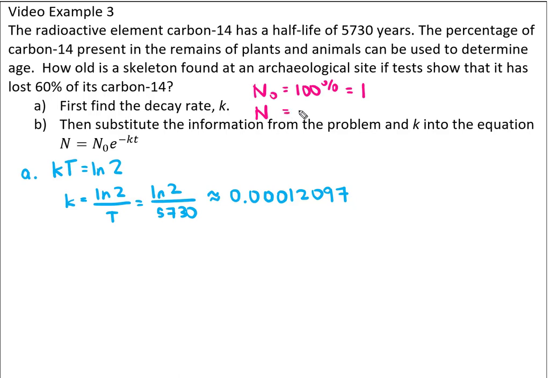If I've lost 60%, then I'm at 40%. In other words, I'm going to be solving for 0.4. So to do part B, we needed to do a little bit of side work, but I'm going to say how much time, what is my t, if I'm left with 0.4 of my original carbon-14.